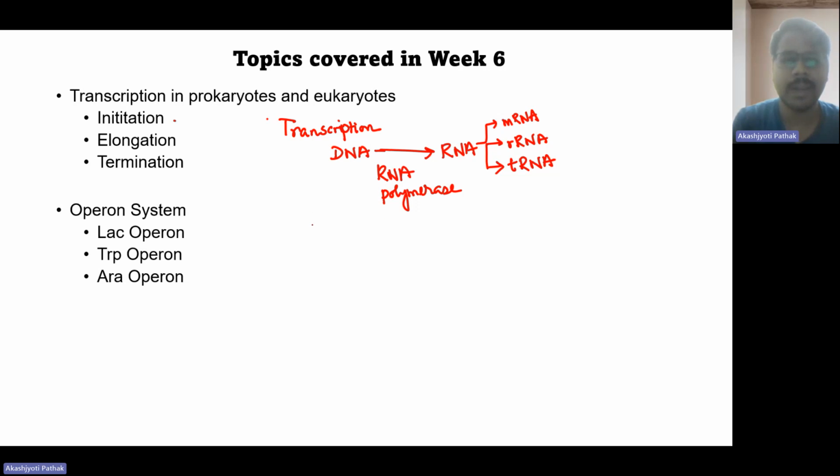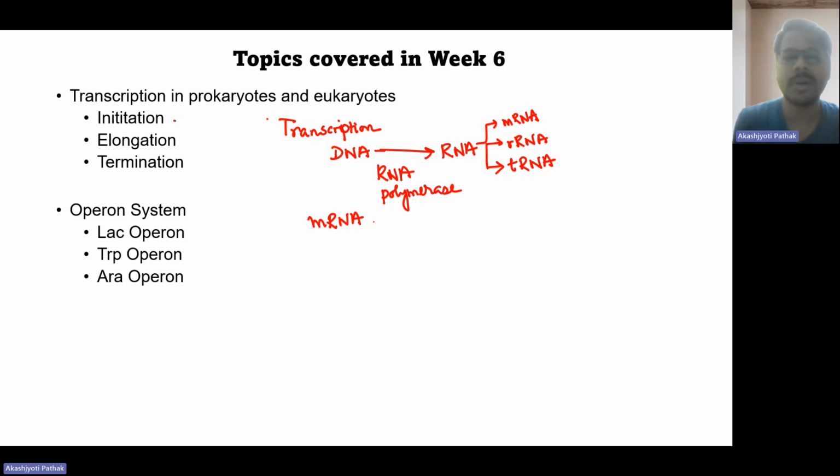And then once we have the mRNA, this mRNA has to be modified, especially in case of eukaryotes. In case of eukaryotes, the mRNA needs modification because the transcription is taking place in the nucleus, while the translation will take place in the cytosol. Now, for the movement of this mRNA from the nucleus to the cytosol, certain modifications have to be made in this mRNA so that it is not degraded by ribonucleases or other enzymes, and to provide stability to the RNA molecule, because RNA is single stranded, it can easily get degraded.